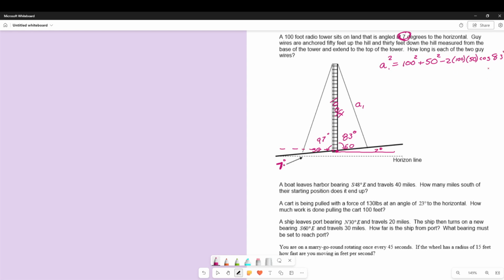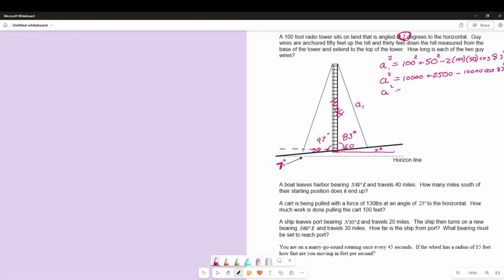So if we just kind of evaluate this out, we'll get some big number. That's 10,000 plus 2,500 minus 10,000 times the cosine of 83 degrees.